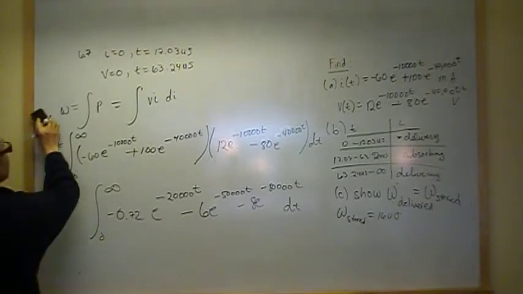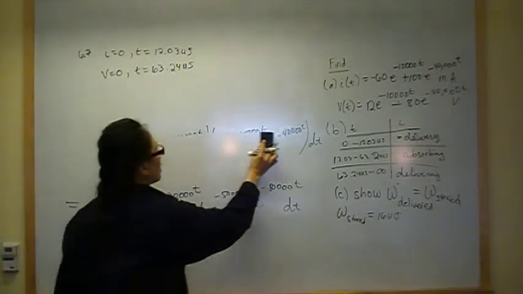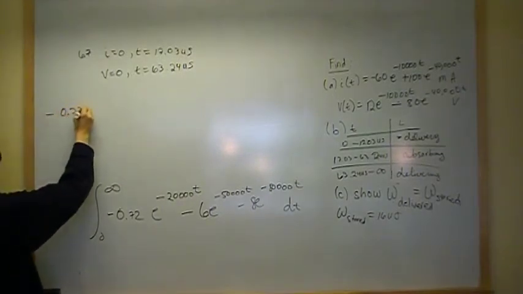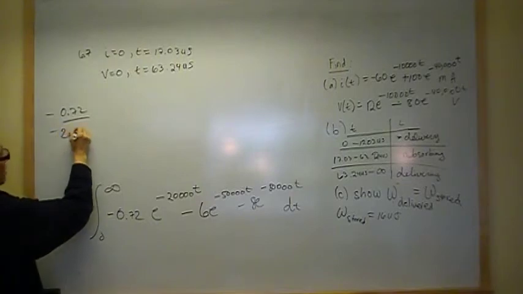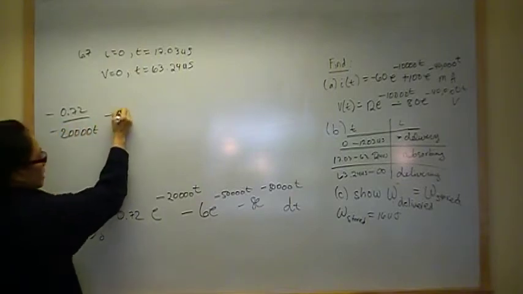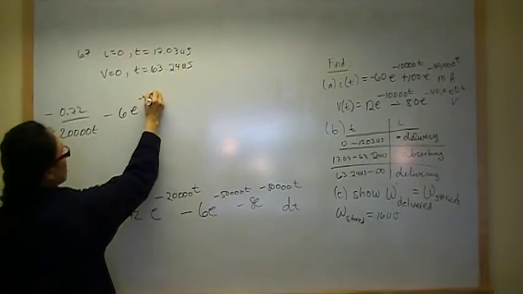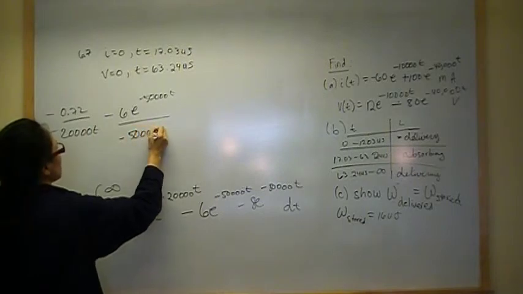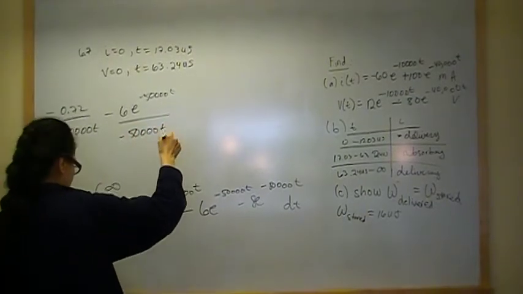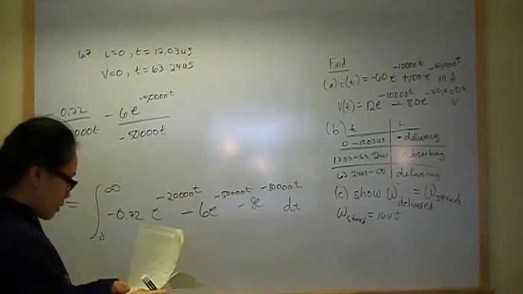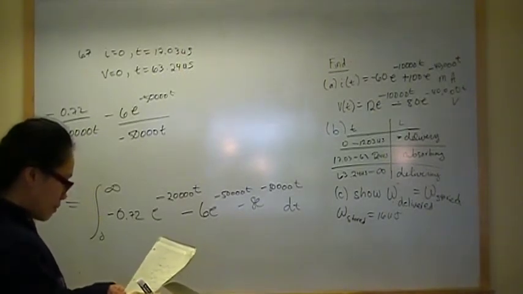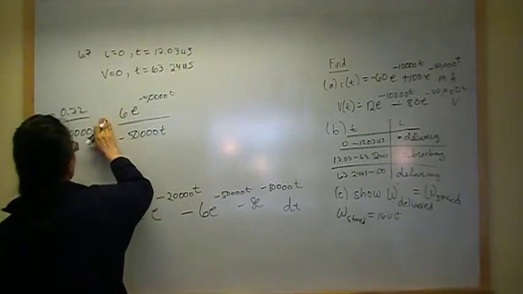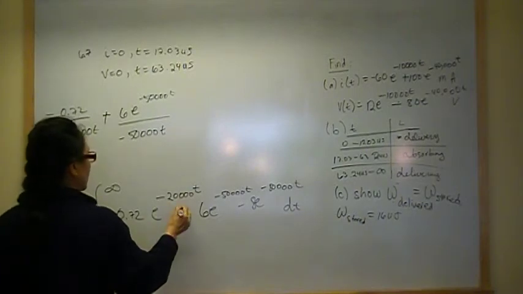When you integrate that, you will come up with 0.72 e to the negative 20,000 t over negative 20,000, minus 6 e to the negative 50,000 t over negative 50,000. Sorry, this should be a positive.